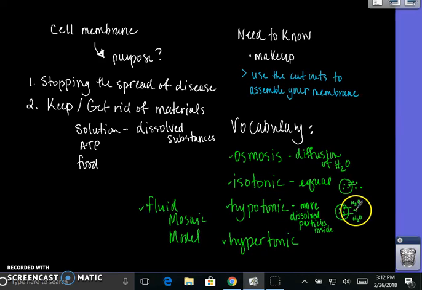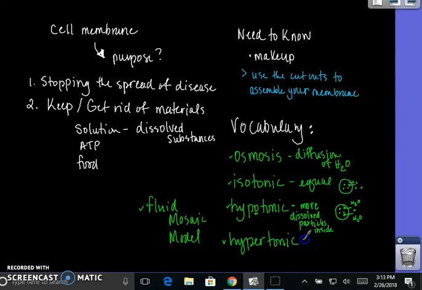Because if there are fewer dissolved particles on the outside, that means that there's more water on the outside. And everything follows a concentration gradient. So water flows into the cell. And I remember this by looking at the O in hypotonic. So the cell becomes very O in its shape, very round.